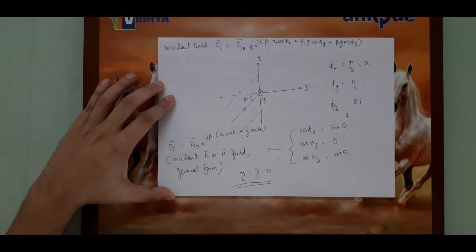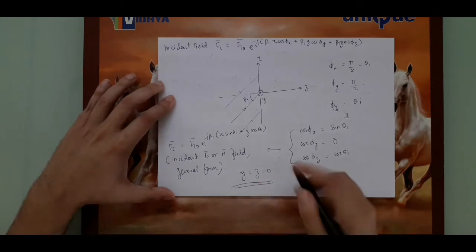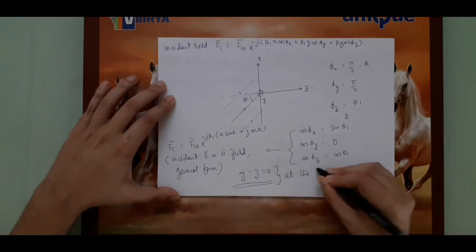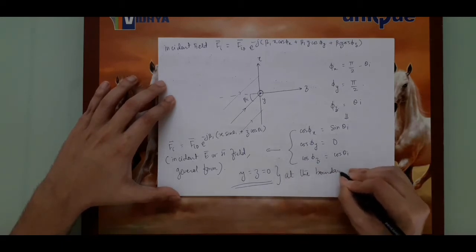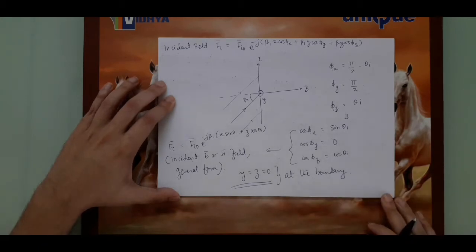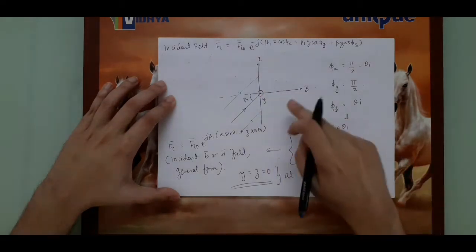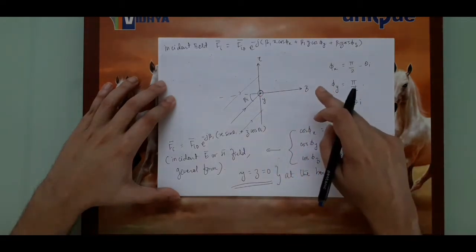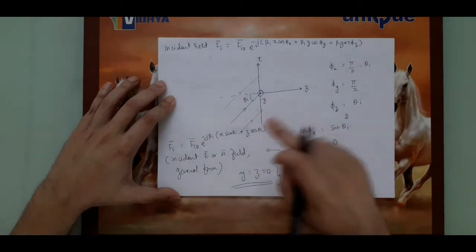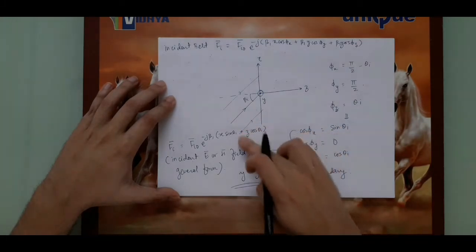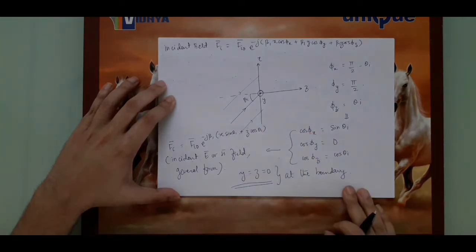So at the boundary, let us say, we'll call this at the boundary. So now what happens is, if we put y anyway 0, what is happening is that at the boundary z also becomes 0 and this term in the exponential disappears.